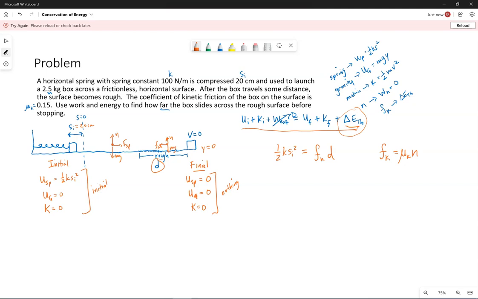Since there is no acceleration in the y direction, and we're on this horizontal surface with no other vertical forces, the normal force will equal mg. So we can say this force of kinetic friction is that coefficient times mg. I'm going to plug that in over here for my friction. So that's my force of friction.